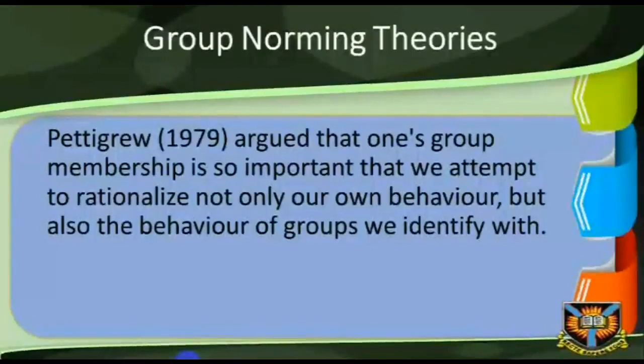But Latane has argued that the issue of majority versus minority opinion is much more complex than Moscovici proposes. Latane's dynamic social impact theory argues that the impact that others have on a person's attitude, belief and behaviors is determined by the strengths, which includes status and experience, immediacy, which includes closeness, either physically or socially, and number of influence sources.